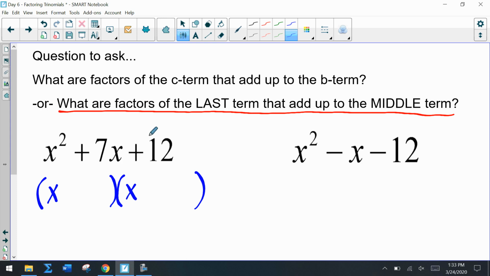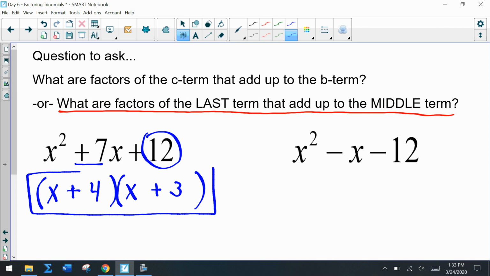Now, let's ask ourselves, what are factors of positive 12 that add up to positive 7? You said 4 and 3, you are correct. So, positive 4 and positive 3. So these are factors of this initial trinomial.